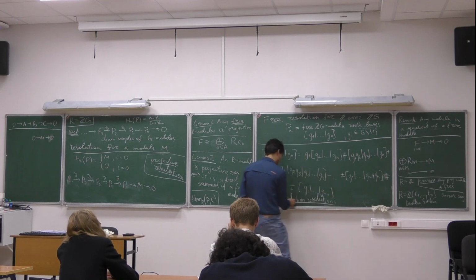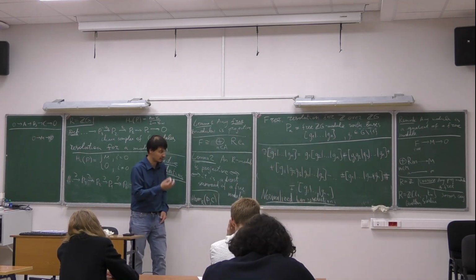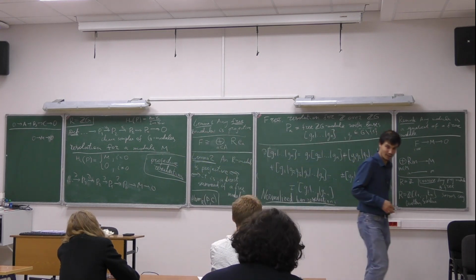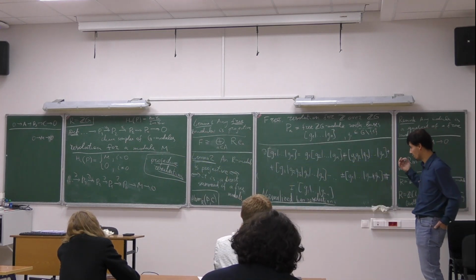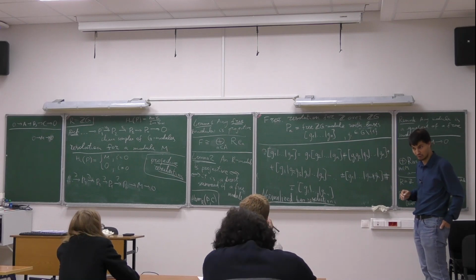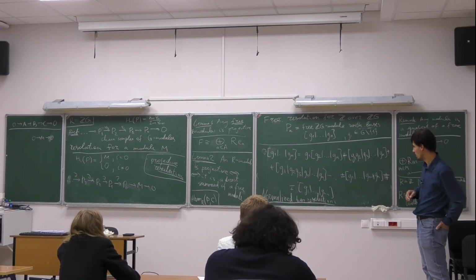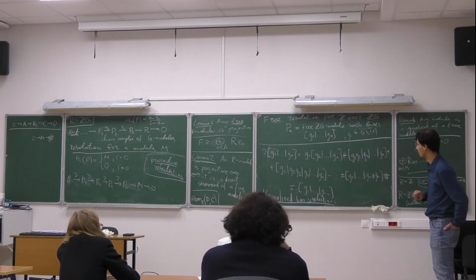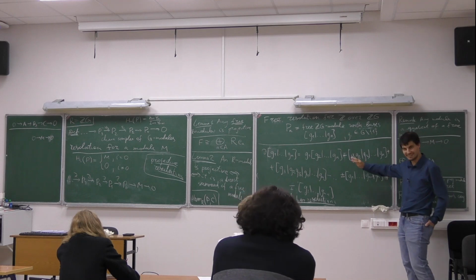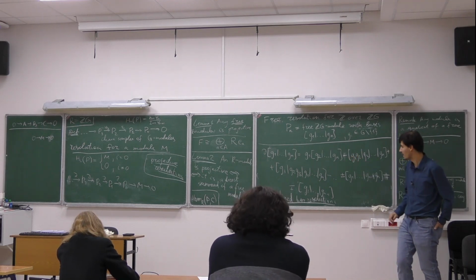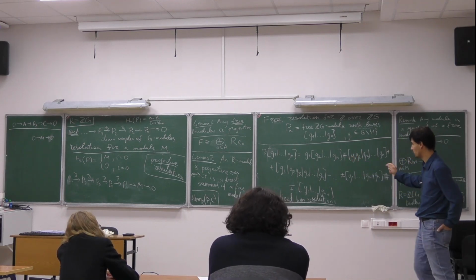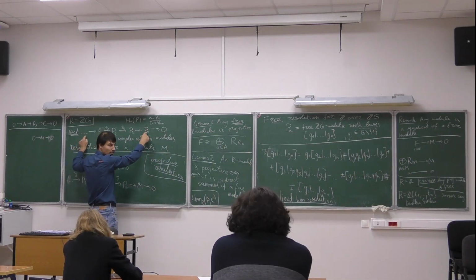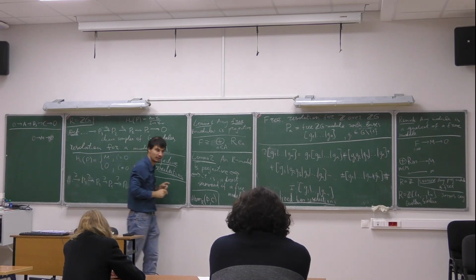And last time we proved that it is indeed a resolution, of course a free resolution, that it indeed has the required homology. The corresponding sequence will be exact, except for this term, where we have homology Z.